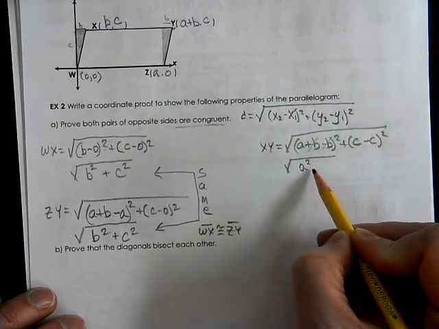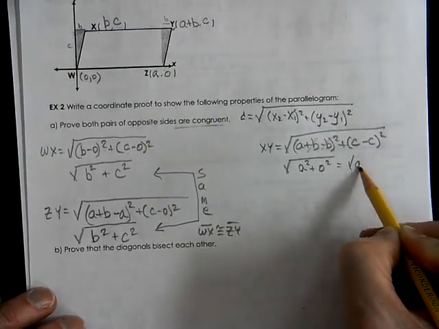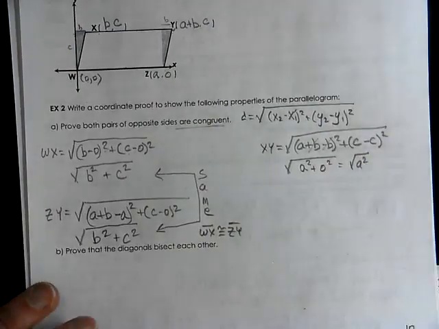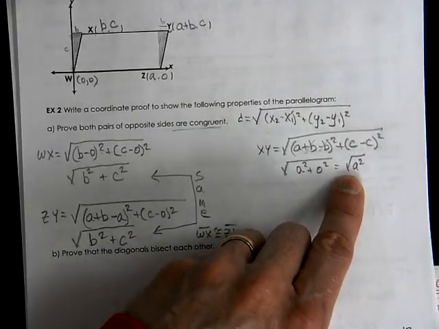C minus c, that's 0, and that's being squared. So we just have a squared. So if we have a squared, and it's being square rooted, what is the square root of a squared?